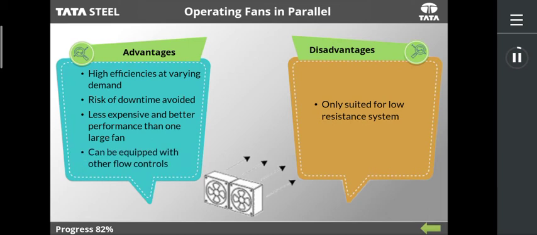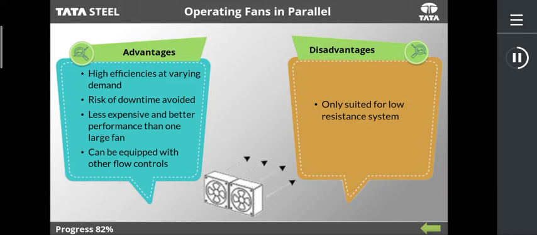Operate more fans in parallel instead of one large fan. When two fans are installed side by side in such a way that they draw air from the same source and deliver it to the same destination, they are said to be in parallel. When two fans are connected in parallel, they may not handle the same quantity of air.